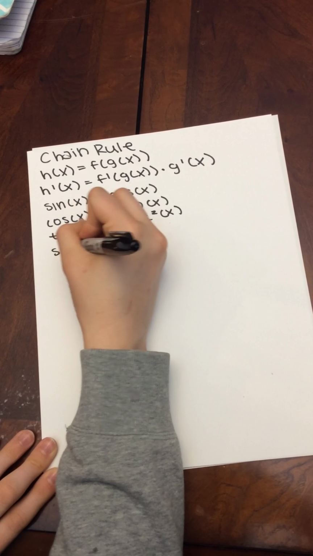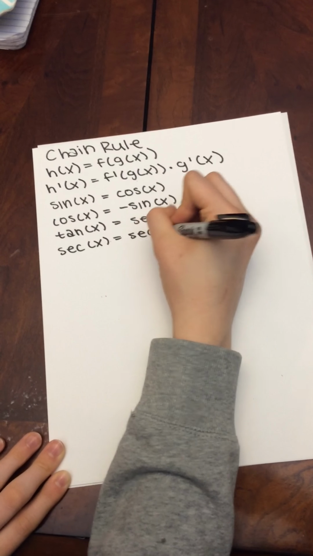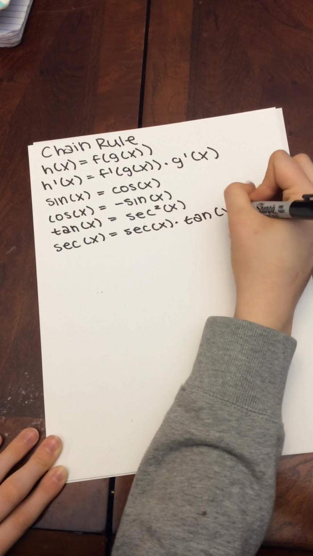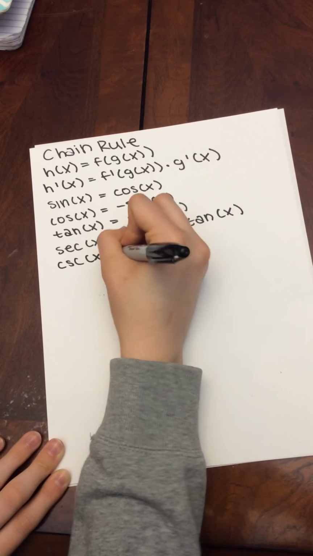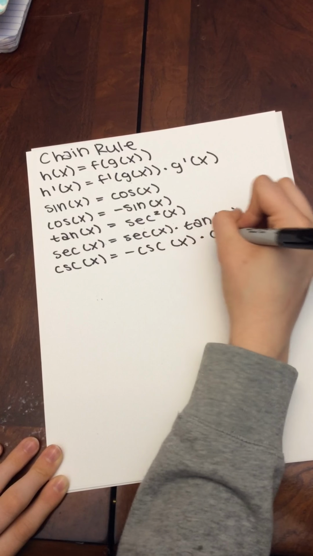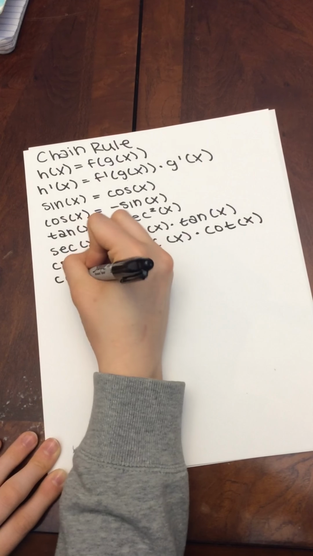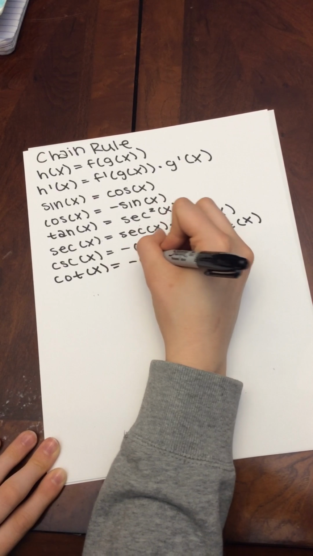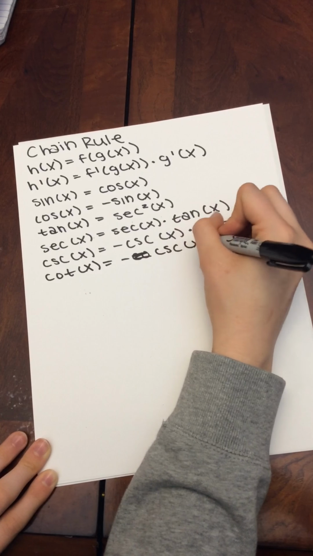And the derivative of secant x equals secant x times tan x. And the derivative of cosecant x equals negative cosecant x times cotangent x. And the derivative of cotangent x equals negative cosecant squared x.